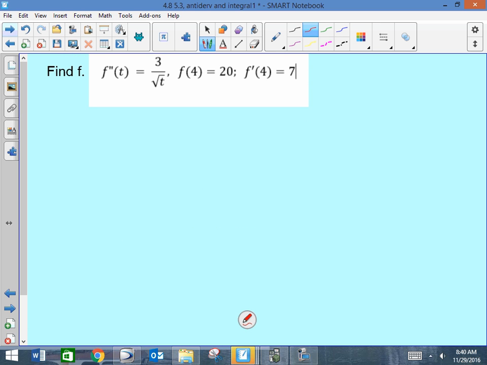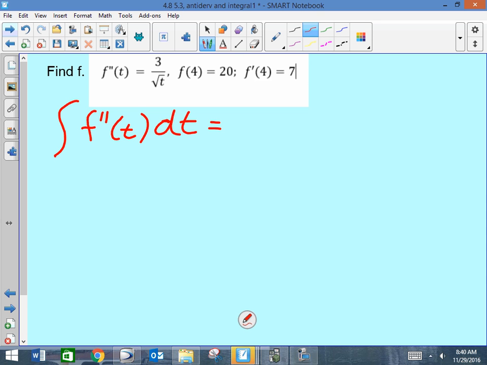Okay, let's try another one. Now we're starting with f double prime. So we're going to work backwards to f. All right, so if I take the integral of f double prime dt, which would be the right language, what would that give me?